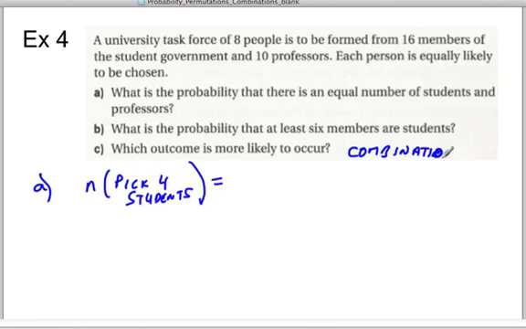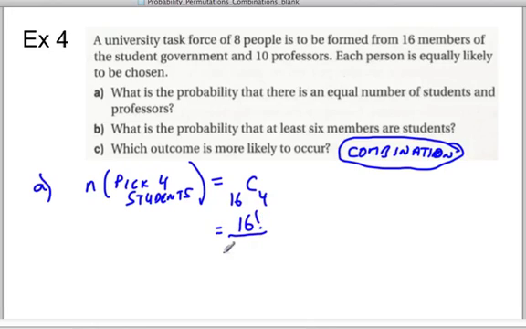So if we've got 16 students to choose from, and we're going to pick 4, this is the combination of 16 choose 4, which is equal to 16 factorial over 16 minus 4 factorial times 4 factorial, and that's equal to 1,820.